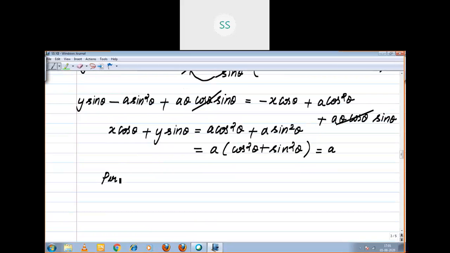Perpendicular distance. You should recall the formula.